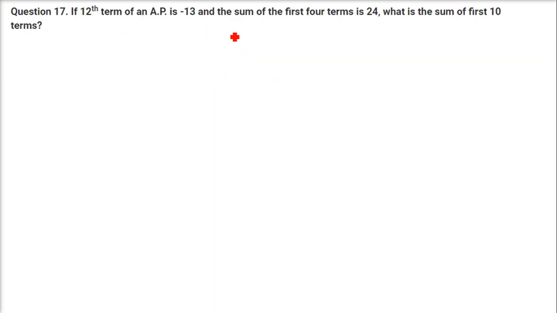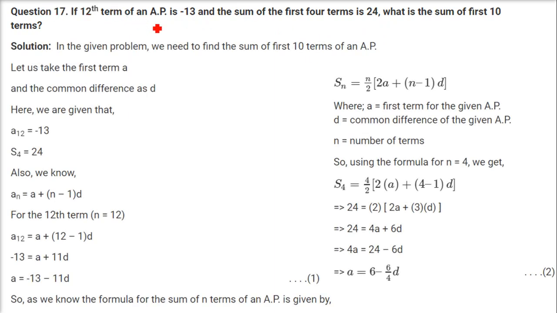The 12th term of an AP is minus 13 and the sum of first 4 terms is 24. What is the sum of the first 10 terms? So A12 is given as minus 13, that is A plus 11D is equal to minus 13. The sum of the first 4 terms, S4, is given as 24.